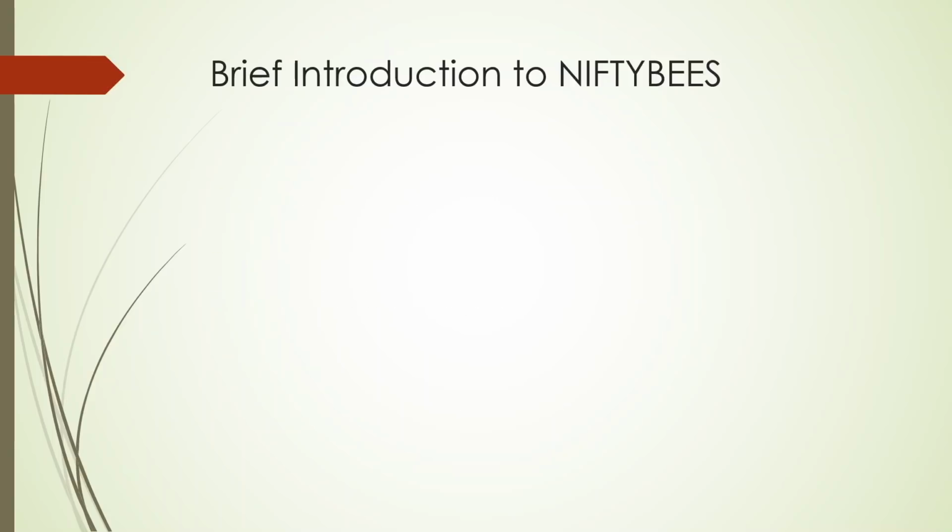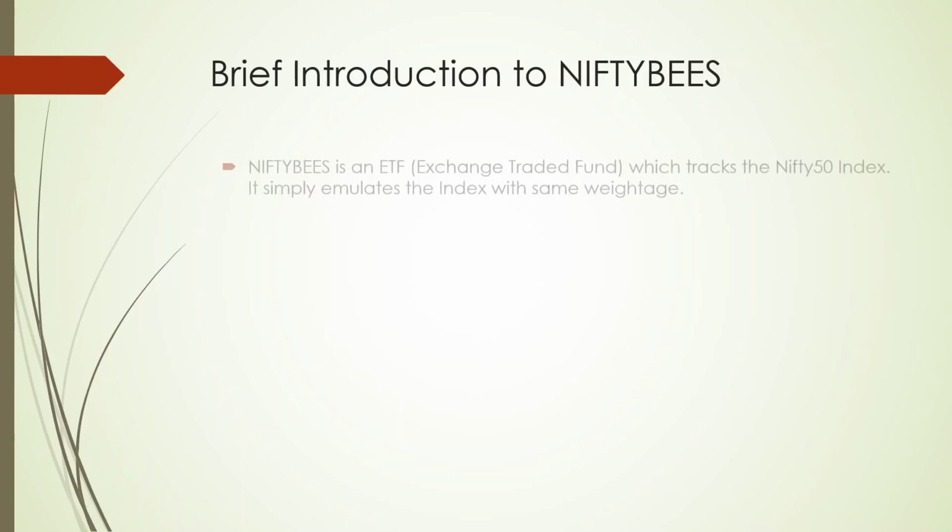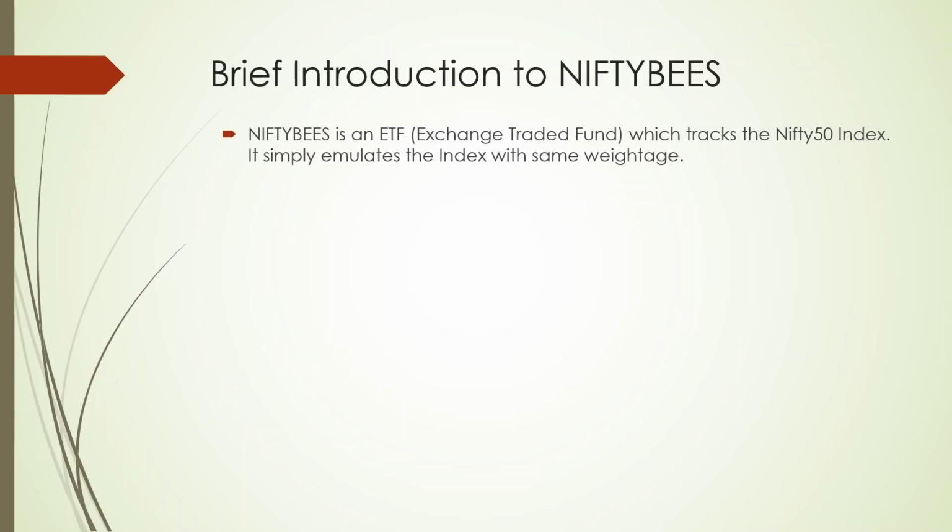Okay, so a brief introduction to Nifty Bees. Nifty Bees is an exchange traded fund which tracks the Nifty 50 index. It simply emulates the index with the same weightage. How many stocks are there in Nifty 50? There are 50 companies. It may be 50 or 51, 52 stocks, but it is an index of 50 companies.